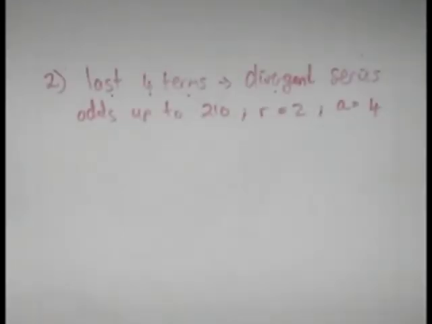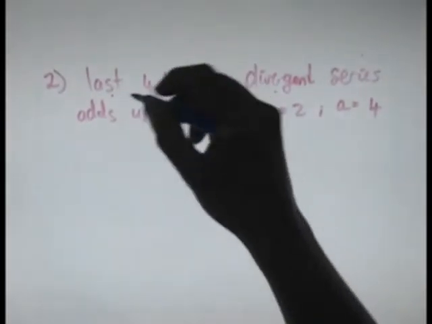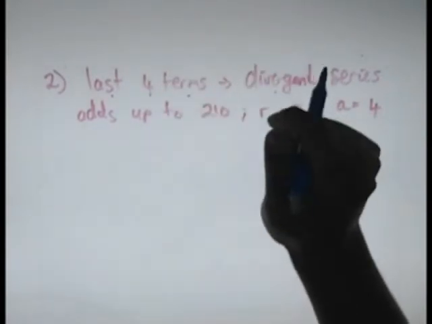Number 2 says that the last 4 terms of a divergent geometric series add up to 210. The common ratio is 2, and our first term, our a value, is equal to 4. And we are looking for the last 4 terms. Now let's not worry about the last 4 terms just yet.